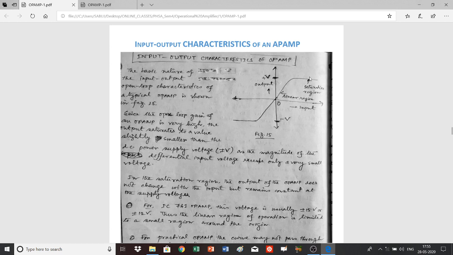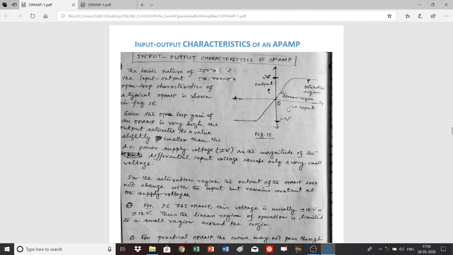You see from this figure, where the input difference voltage is plotted on this axis, that whenever the input difference voltage increases slightly, the output increases drastically and reaches a maximum value very close to the supply voltage, and this voltage is called V saturation.